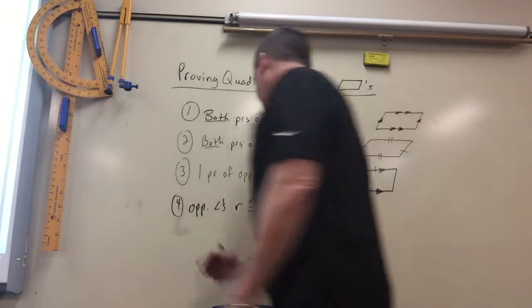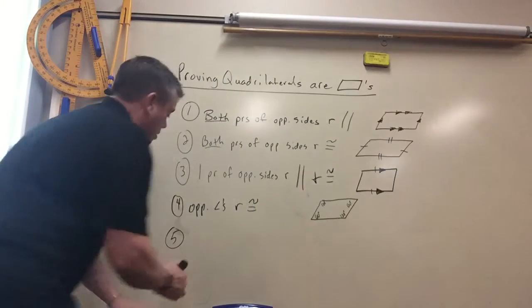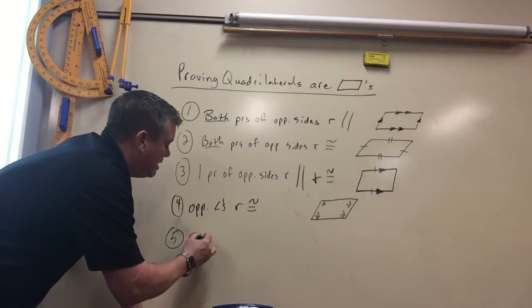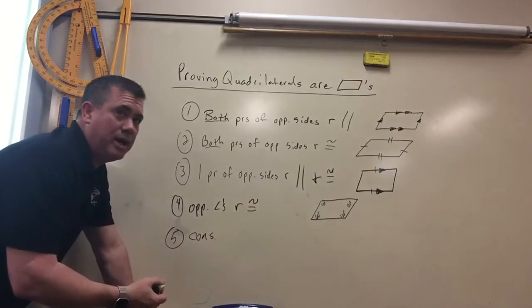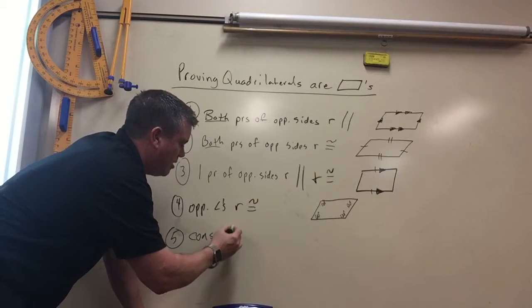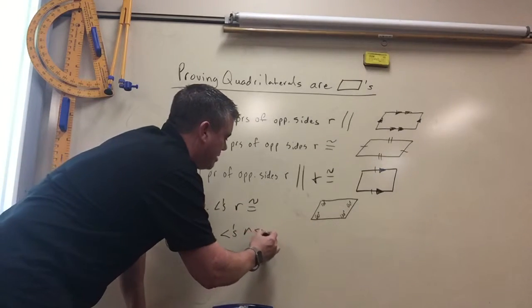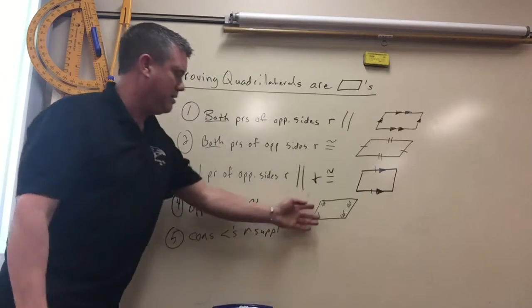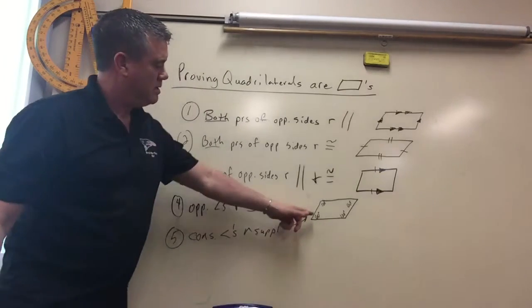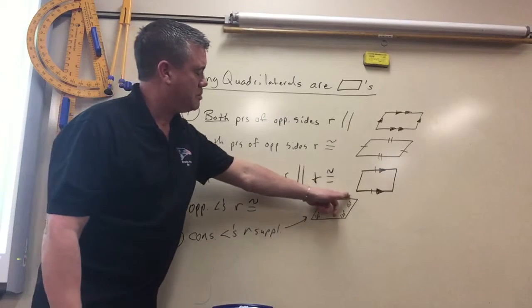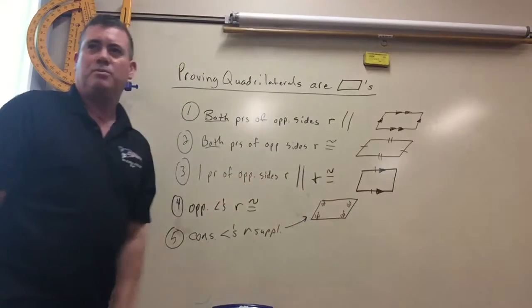Then the fifth one would be consecutive angles. These kind of go hand in hand. Consecutive angles are supplementary. So here, that would work for this one too. That adds up to 180, or that adds up to 180, and that adds to 180, and that adds up to 180. Okay?